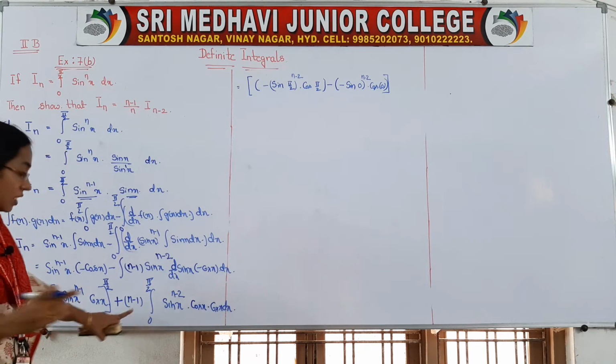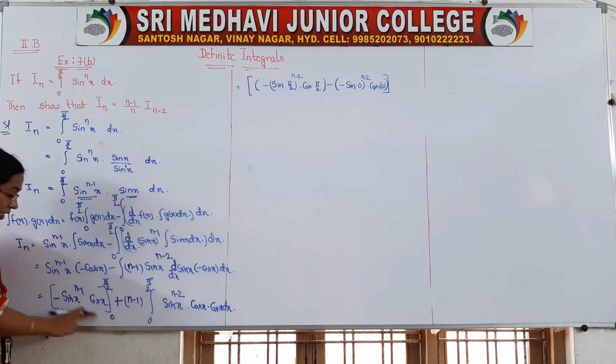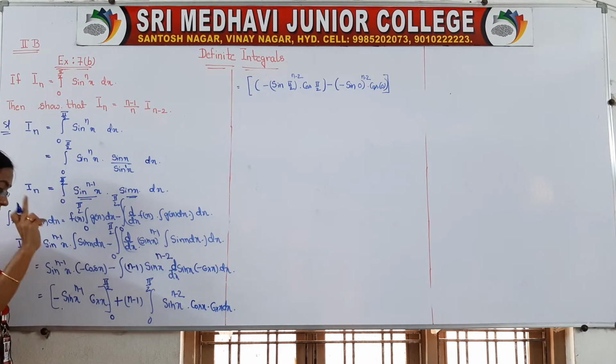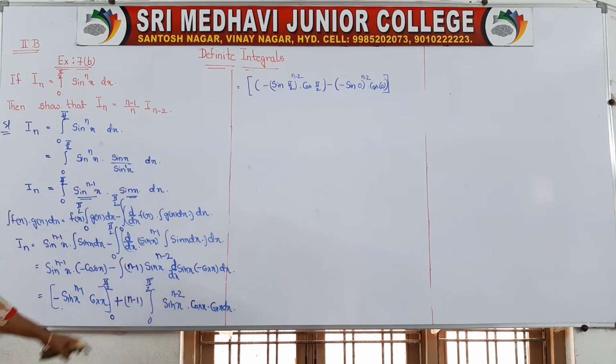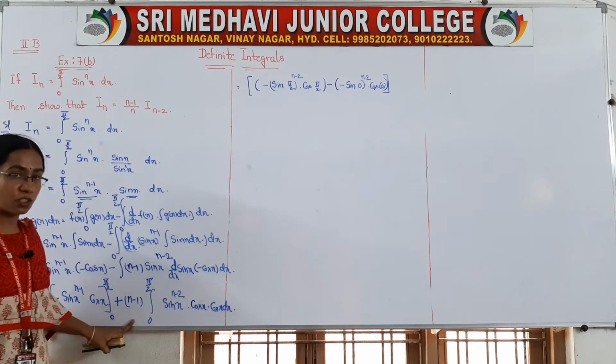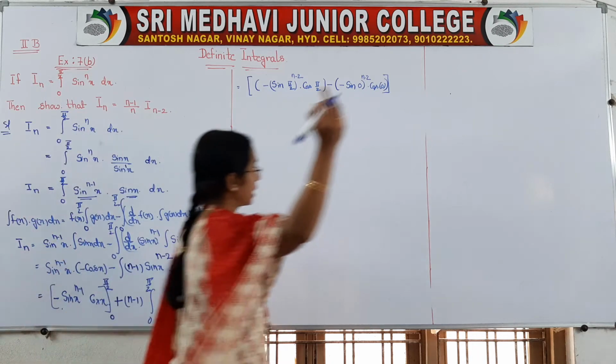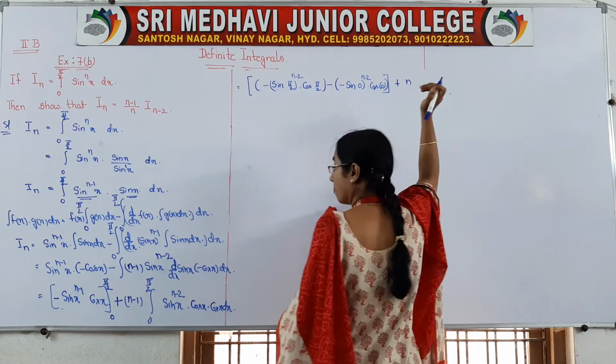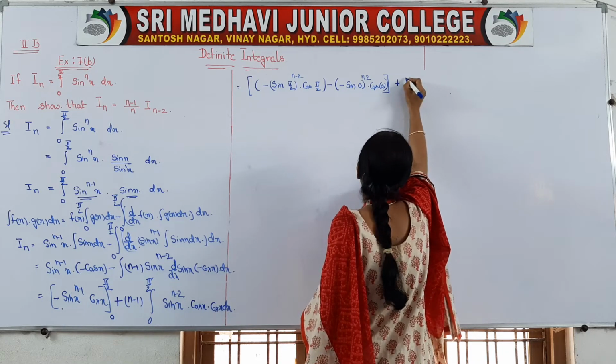Next you come to this one. In this expression, in place of x, first I substituted the upper limit, minus in place of x I substituted the lower limit. Now come to the next one. Okay, so it is plus n minus 1, which is constant.